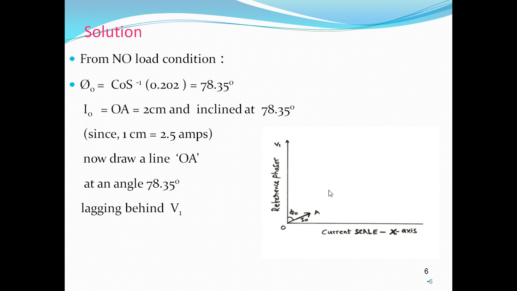V1 is the voltage vector, and I naught is at an angle of phi naught. Here we take OX as x-axis and OY as y-axis, that is the voltage vector.